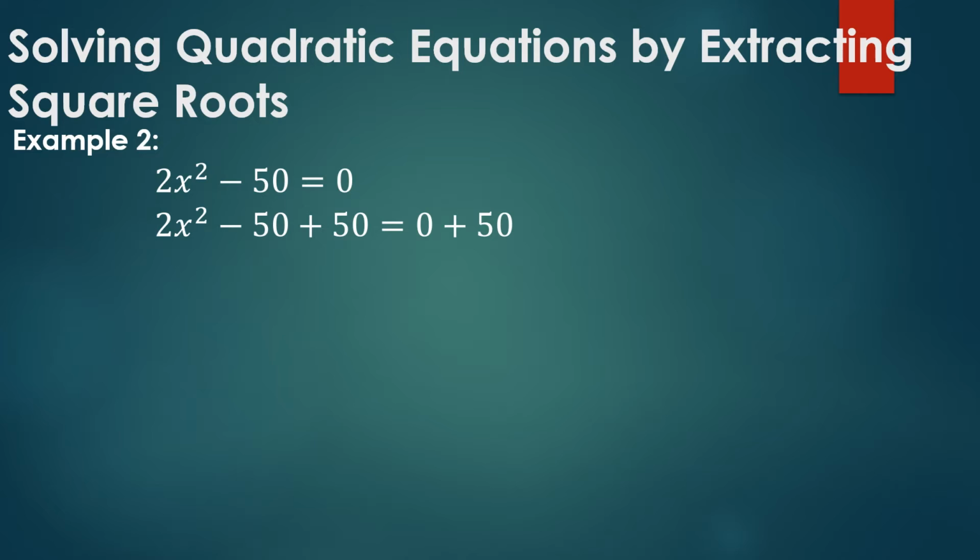That's why by addition property of equality, we are going to add both sides of the equation by 50. Now, by simplifying, 2x squared minus 50 plus 50 is just equal to 0, is equal to 0 plus 50 will give you 50. So you have now 2x squared is equal to 50.